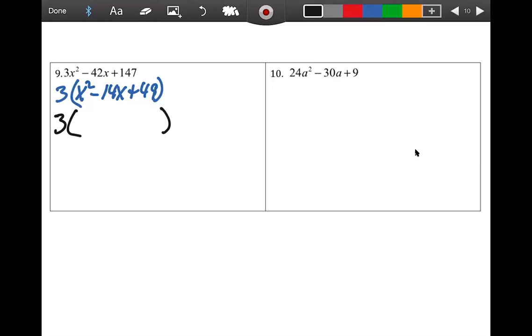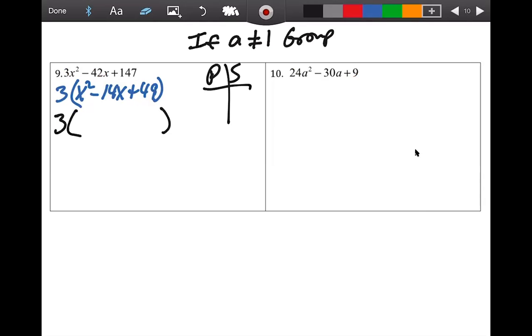Now, is this product sum for grouping, or am I just going to put it right in? That's a 1. So if A is not 1, we group. If A is 1, we don't have to group. That's a nice thing. So A is 1, and I can go straight into my product sum. 1 times 49 is 49.